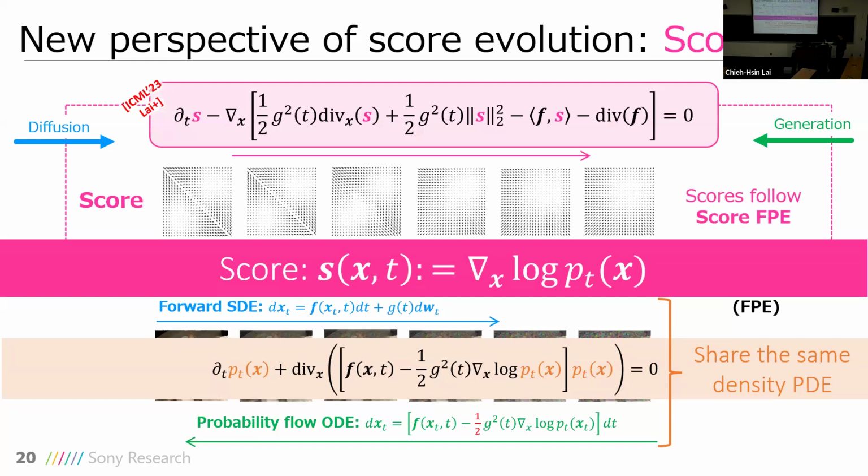We found that the score function, which is the gradient of the log density, also follows some partial differential equations. And if you impose this underlying structure during training, you can make your diffusion model more aligned with the physical or mathematical structure behind it.